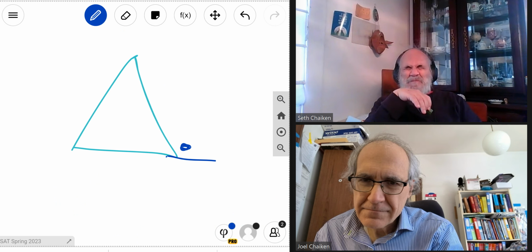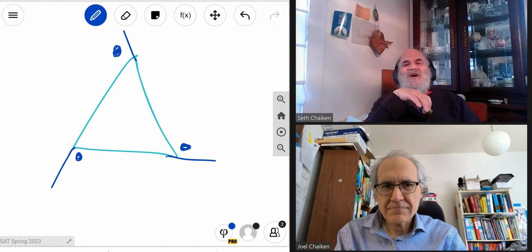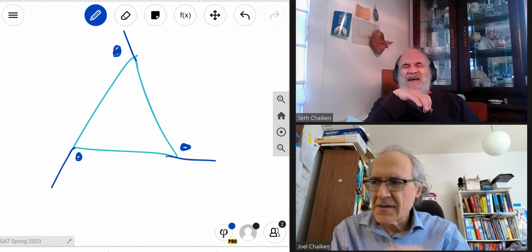Imagine that there is a turtle that walks along the edges of the triangle, and when the turtle gets to a vertex, she rotates in order to change direction to proceed along the next edge.